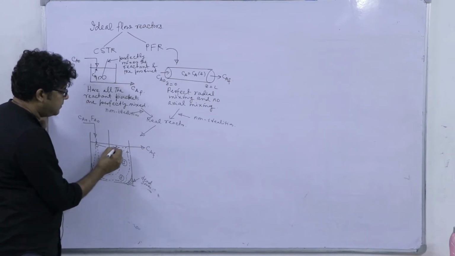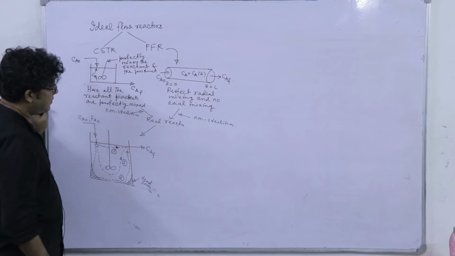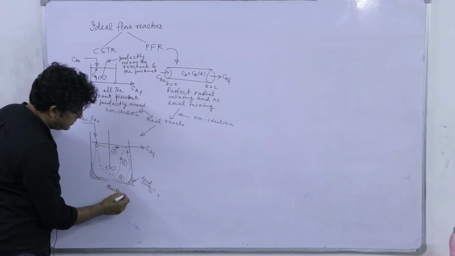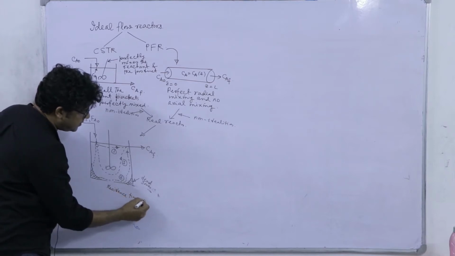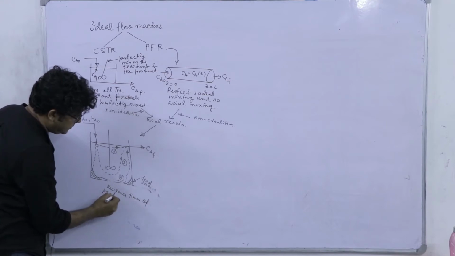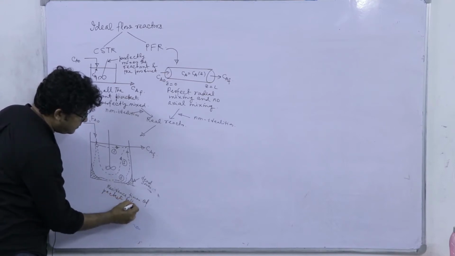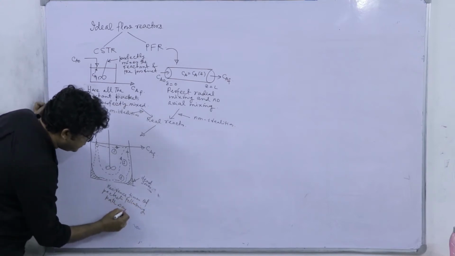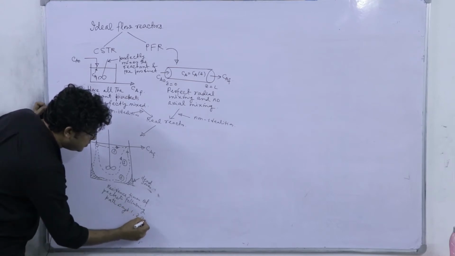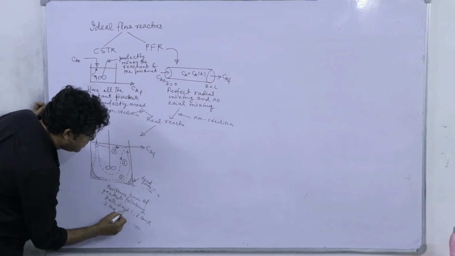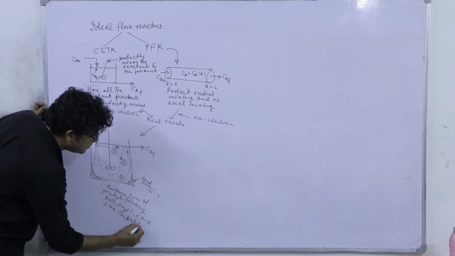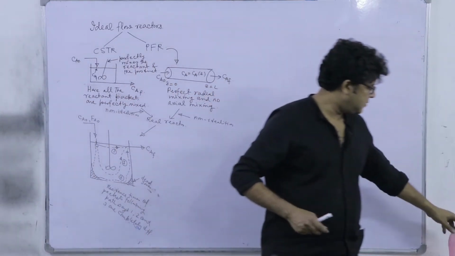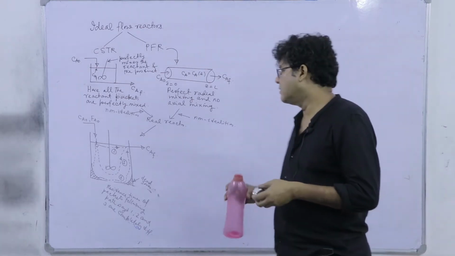So this is pathway 3. So the residence time of packets following pathways 1, 2 and 3 are completely different. There is a complete difference of their residence time.